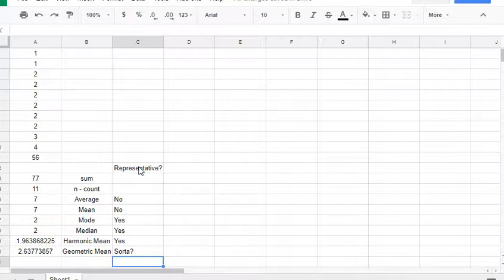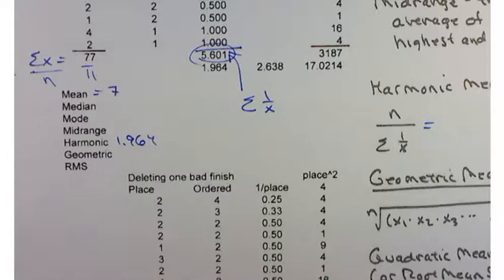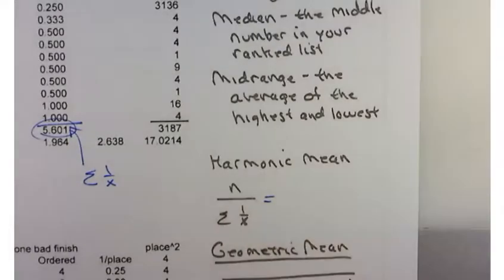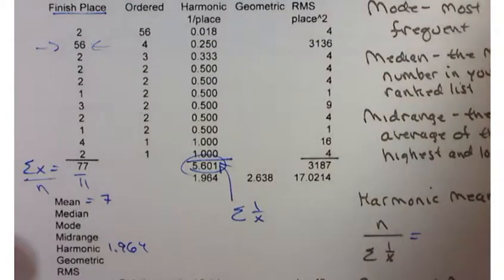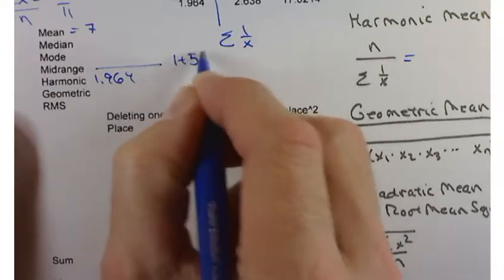There's one more that is just so bad that I don't ever use it. It's called the mid-range. The mid-range is the average of the highest and the lowest. But it's really bad. Let's take a look at the mid-range for this data set. What would the mid-range be here? 1 plus 56 divided by 2.